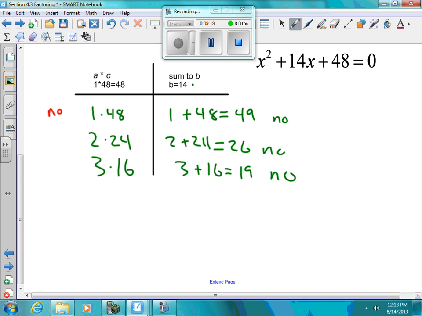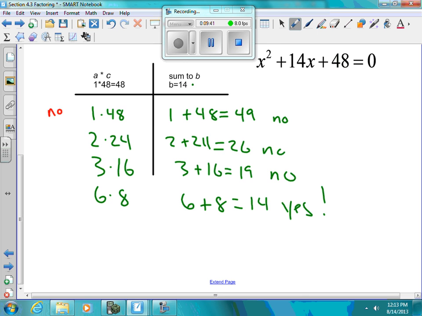That still does not work. Has anybody seen the pattern yet? How about 6 and 8? 6 times 8 is 48, and 6 plus 8 is 14. We have a winner. 6 and 8 are the values that work.